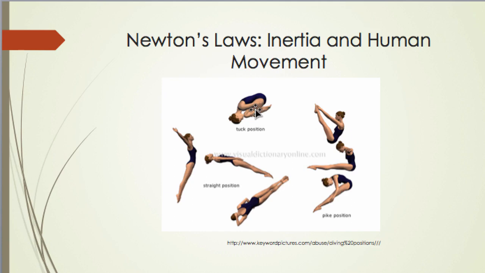And finally, we get to the tuck position, where the center of mass is somewhere inside of her because she's balled herself up so much. It could be at the position where the thigh meets the trunk, somewhere in there, right? But because the mass moment of inertia here is lower, she's going to spin much faster.